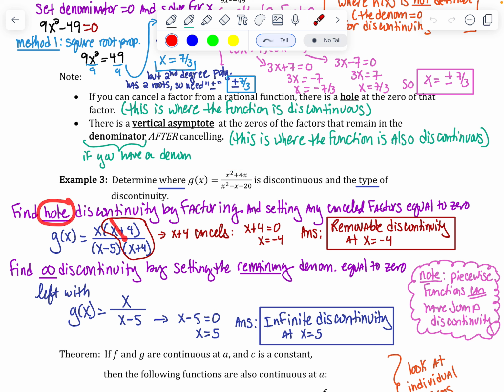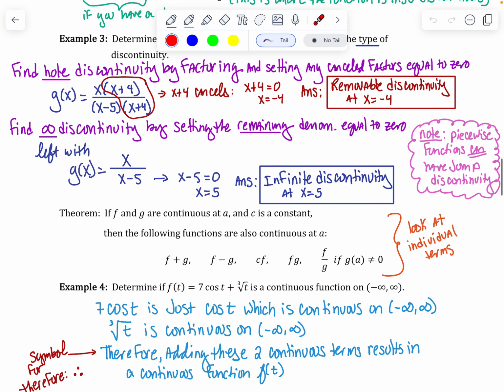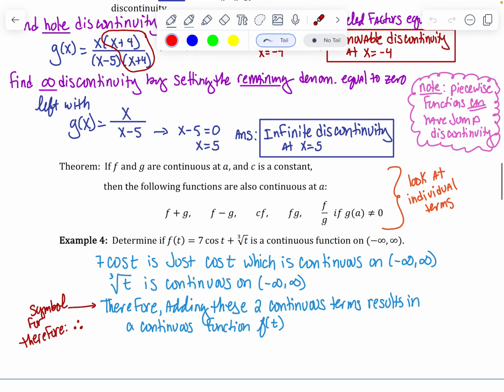When I can cancel a numerator with a denominator, my function is still discontinuous at that x value, but specifically it's a removable or hole discontinuity. Of the pieces that are left, when is the denominator 0? That is going to give me the infinite discontinuity values. For jump discontinuity, we would need to look at piecewise functions, but I think that's pretty straightforward.